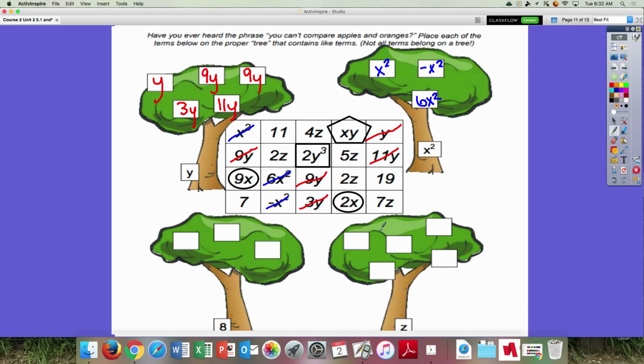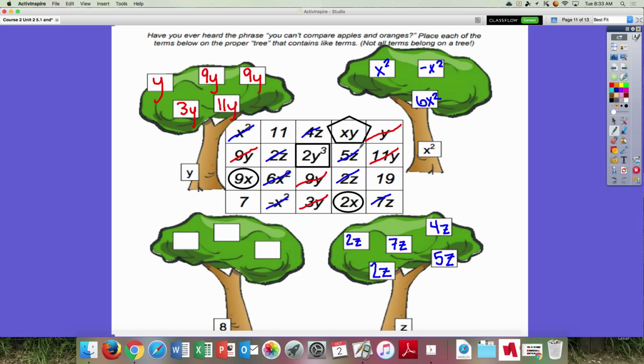Let's look at z. What are some z's? We got 2z. We got 7z. 4z. 2z. And we have a 5z.